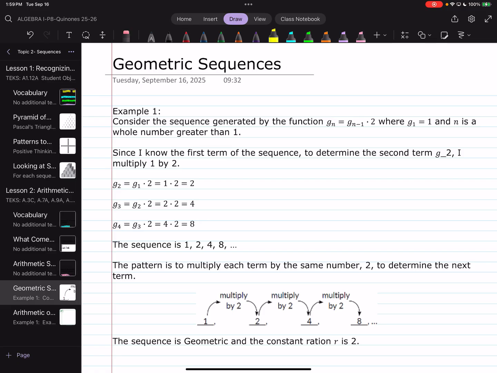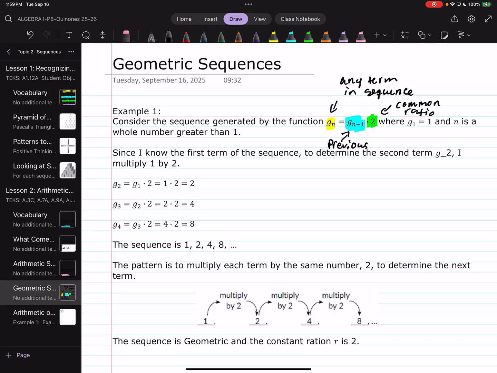When we are looking at the nth term, or any term in the sequence, we have to look at the previous term, the g sub n minus 1, and then we multiply it by the common ratio.